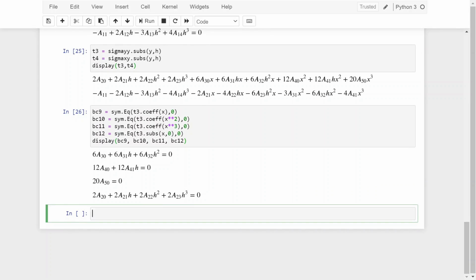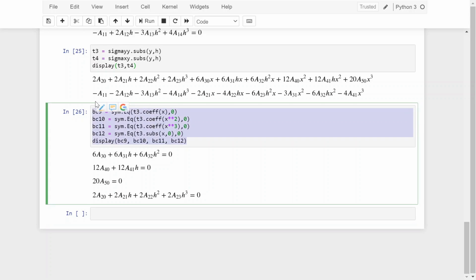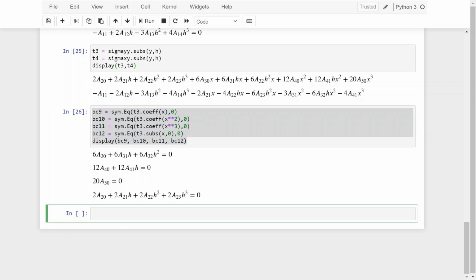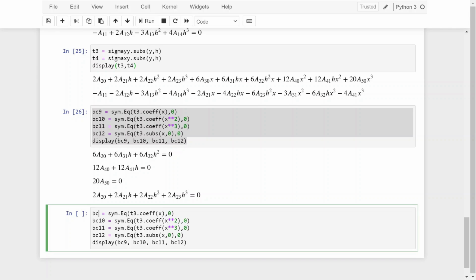So see how we are building up the various conditions that we will require in order to finally solve for these unknown coefficients, a with the various subscripts. Next we take up T4. So we can just copy paste from here to make things even faster, but you have to be really careful with not goofing up these numbers.